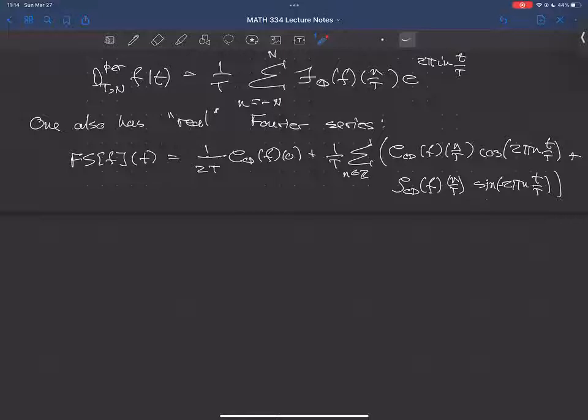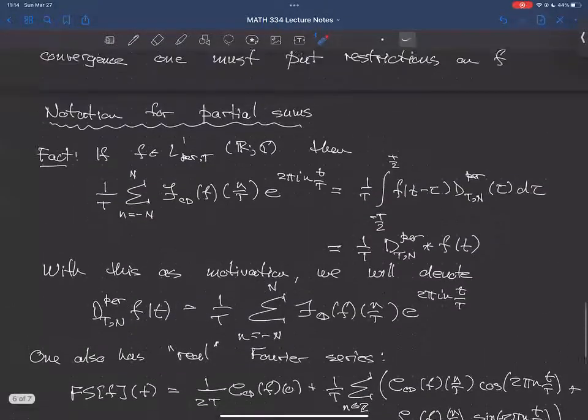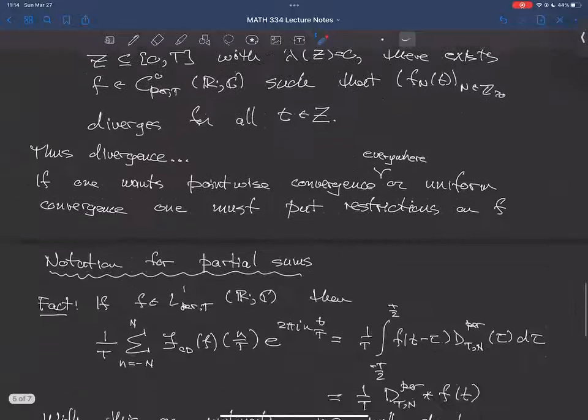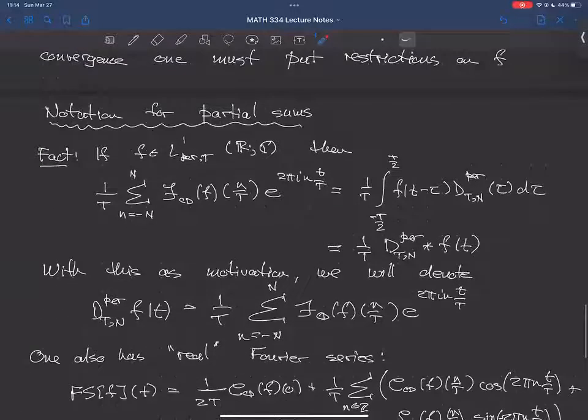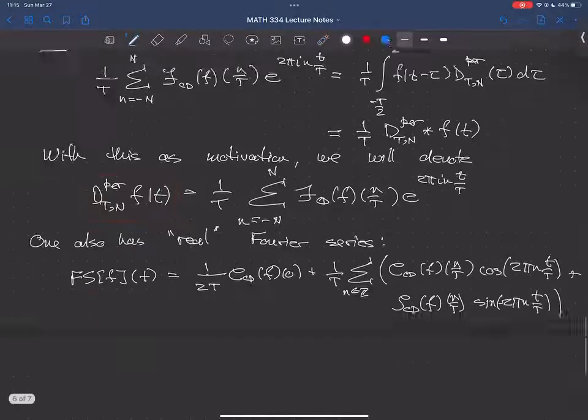So what we want to do is talk now about exactly when this sequence of partial sums converges, right?